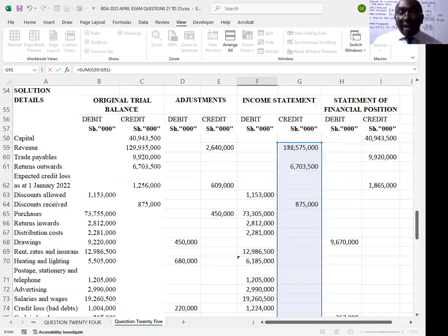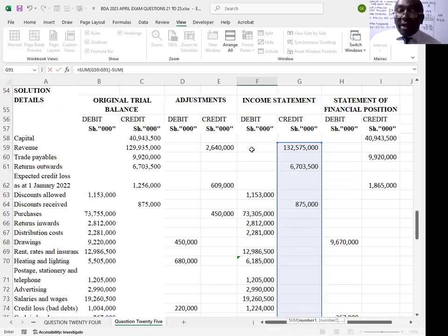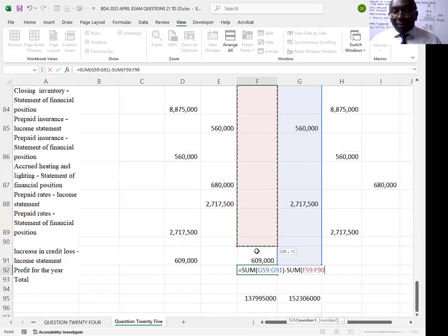Then you say minus the sum. You double click here, then you go up with these debits, up to there. Close the brackets.